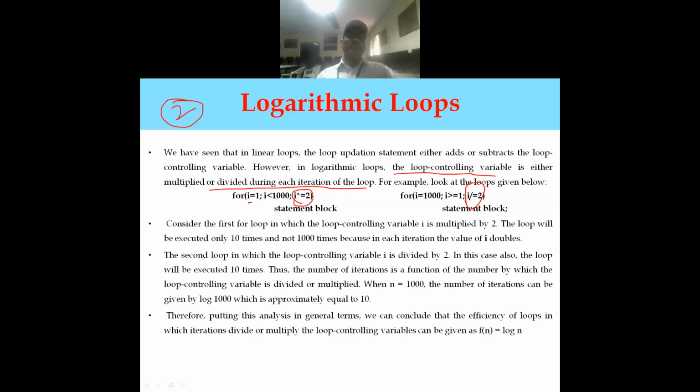So if the loop controlling variable is involving multiplication or division, then that particular loop is going to be involving logarithmic computation. Therefore, putting this analysis in general, we can conclude that the efficiency of the loop in which iterations divide or multiply the loop controlling variable can be given as f of n is equal to log n, which is called a logarithmic complexity.